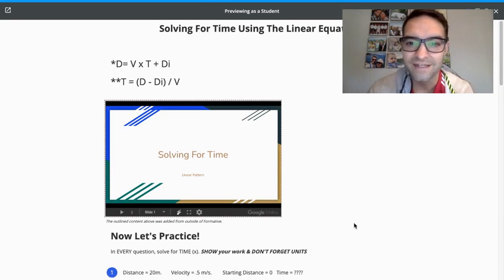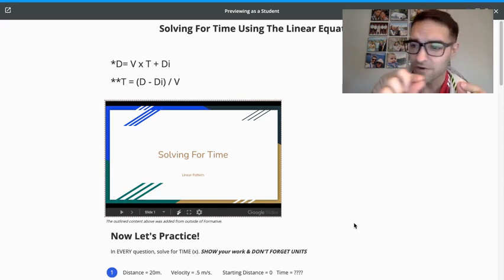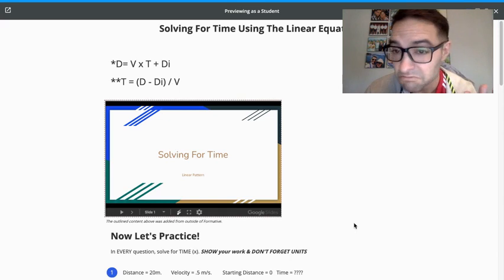And then we can use that to calculate things like distance if we know how long you were driving at 20 miles per hour. We can also look at things like, how long did it take you? Okay, you're driving 20 miles per hour for a mile.